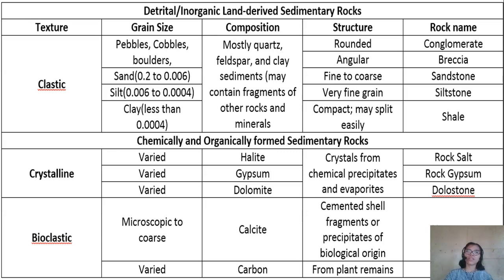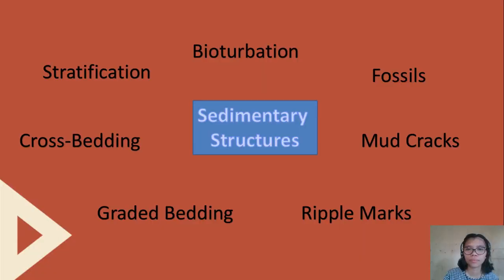Okay, so also we have here the summary of sedimentary rocks. So detrital or inorganic land-derived sedimentary rocks. So clastic rock formed from compacted organic matter. Okay. So structures and formations seen in sedimentary rocks include the following.